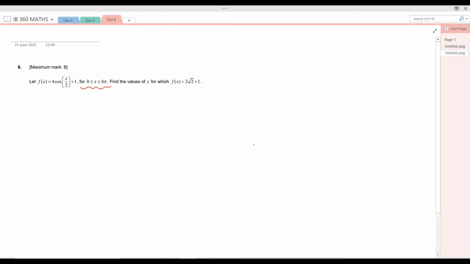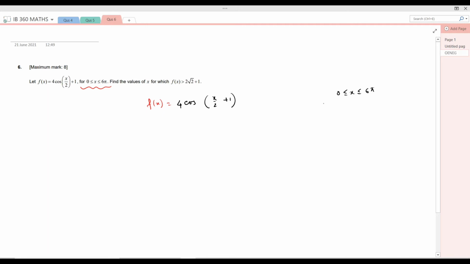So we need to do a simple trigonometric calculation here, that is f of x is equal to 4 cos x by 2 plus 1, and the values of x we will limit to 6 pi.